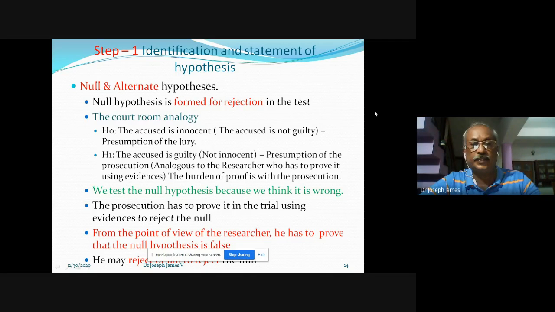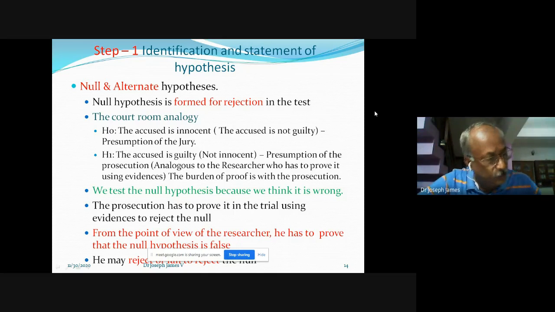And this is actually the null and alternate hypothesis. But there is no requirement that a null hypothesis should be a negative statement. It becomes null because, if the null hypothesis fails to be rejected, the result is a null result. That is why it is known as the null hypothesis.